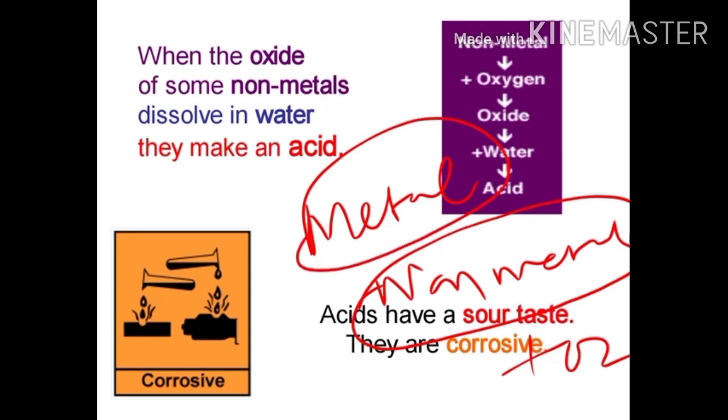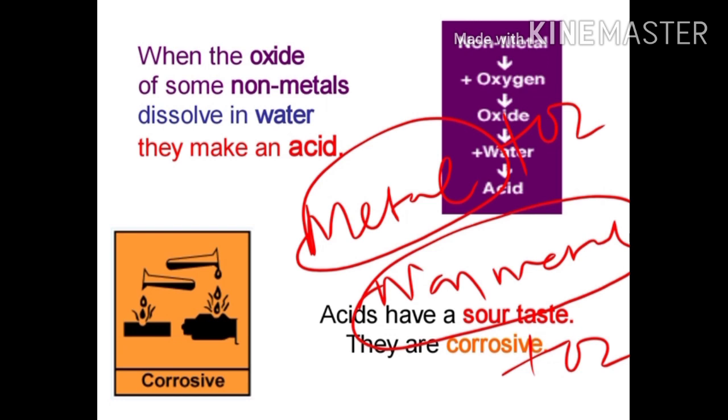Whenever the word combustion comes, the first thing that comes to our mind is that we are going to burn something. The combustion is the same, we are going to burn something, but in the presence of oxygen.